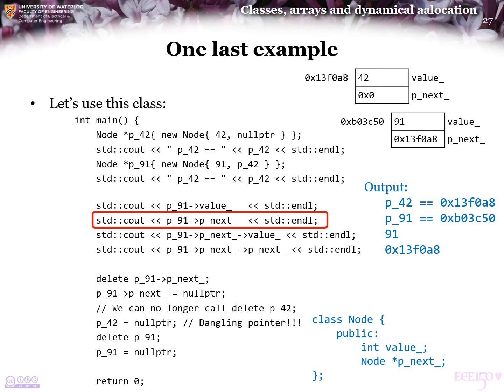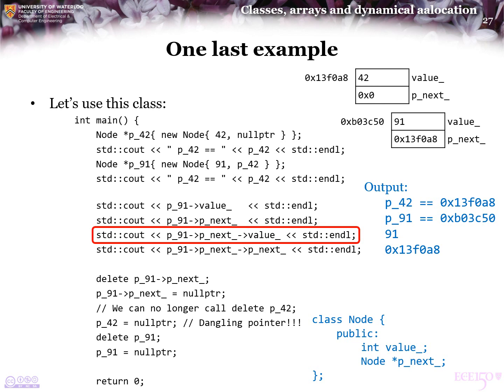Now here's the interesting one. So at the address P91, get the address of the member variable pNext. Now, what is at that address, get the member variable value. Well, the address at pNext of P91 is 13F0A8.